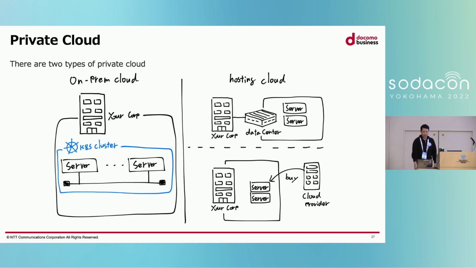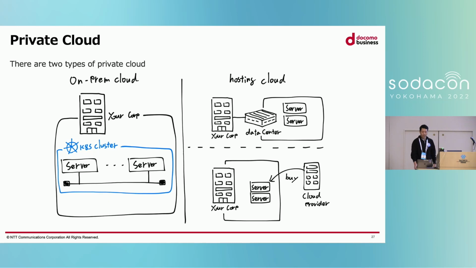Hosting type cloud services vary depending on the company that provides the service. Some companies create their cloud environment in a data center supplied by the hosting company, while others deploy the service provider's appliances in their own data center environment.